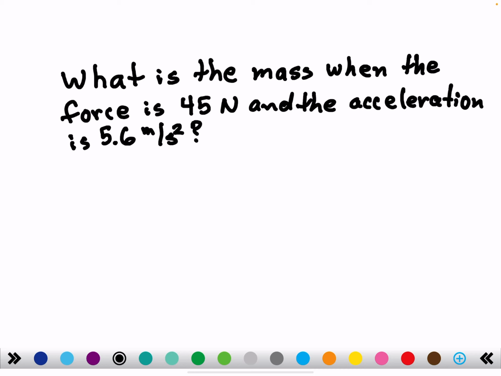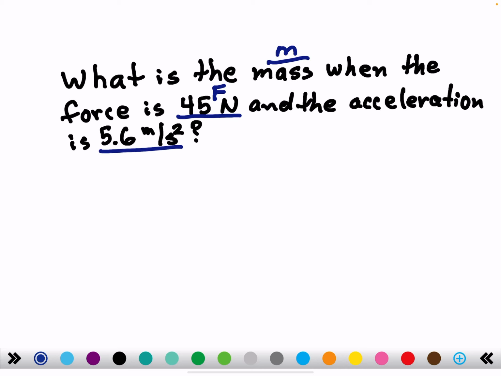Please pause the video and work out this problem. When you have finished work, or if you have questions, please turn the video back on to check your answer or review the solution. So we're looking for mass m. Newtons always represents the force, so the force is 45 newtons.